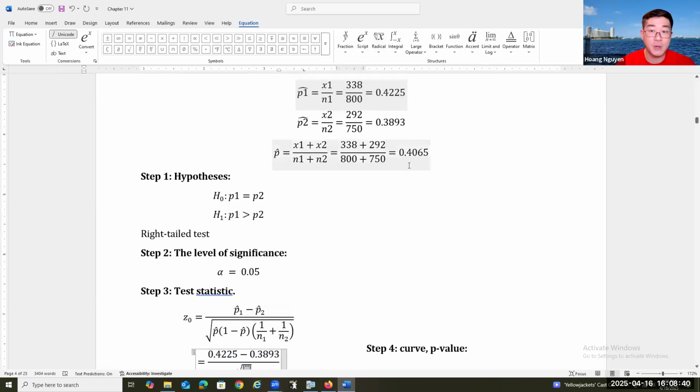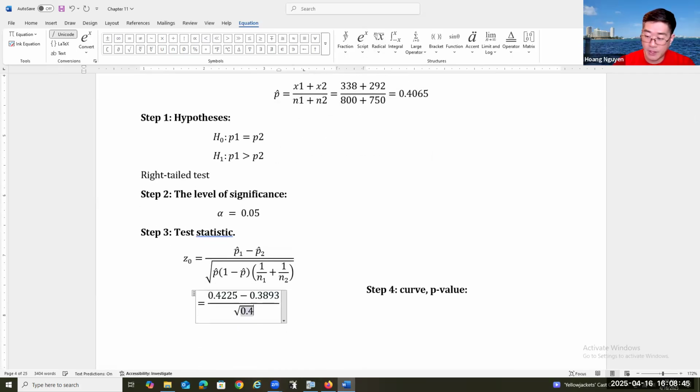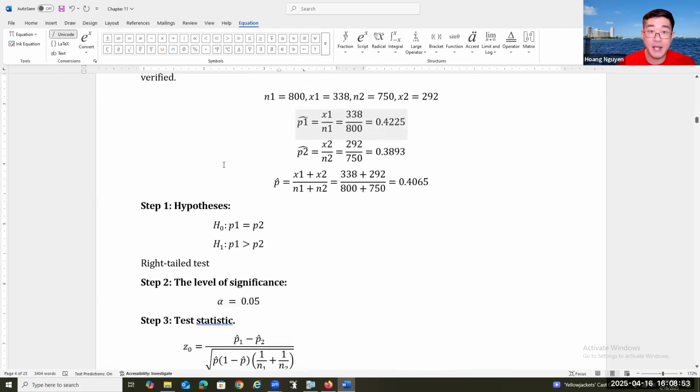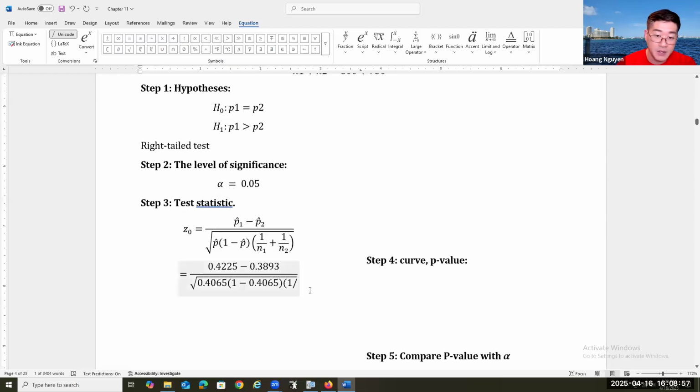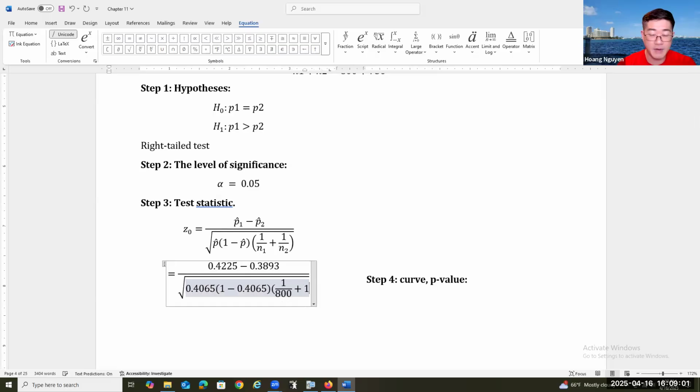What's P hat then? So P hat is equal to 0.4065, times (1 minus 0.4065), times 1 over N1. So what's N1? N1 is equal to 800, N2 is equal to 750. So 1 divided by 800 plus 1 divided by 750.